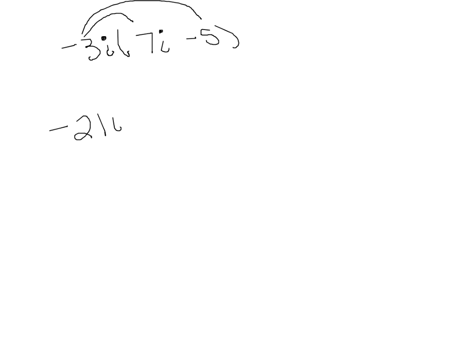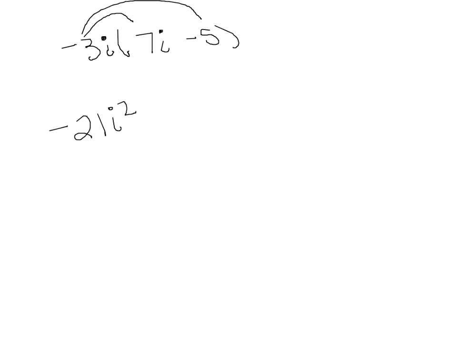When we multiply, so if I have -3i times 7i minus 5, then what I do is I distribute just like when I have polynomials. And so -3 times 7 is -21. And then i times i is i squared.